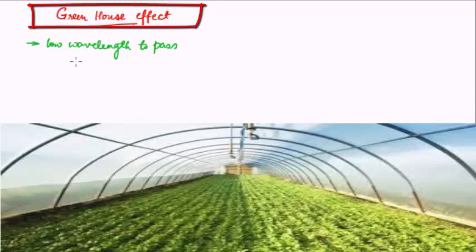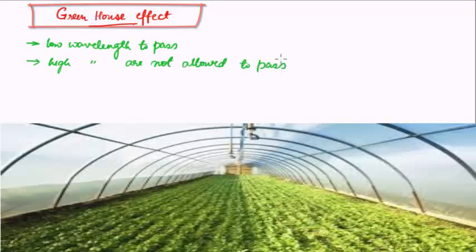So the radiations which are radiated back are of higher wavelength, and the glass does not allow the higher wavelengths to pass through it. What is the effect of that?